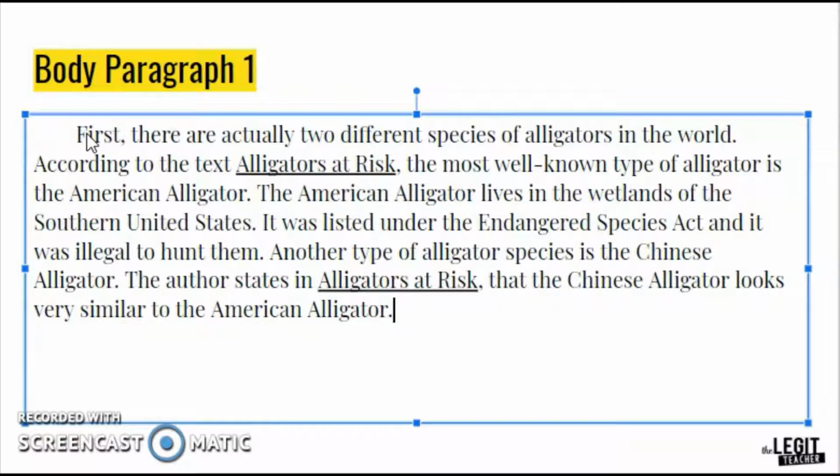Okay, so the first thing that I'm teaching my reader is that the author states in Alligators at Risk that the Chinese alligator looks very similar to the American alligator.